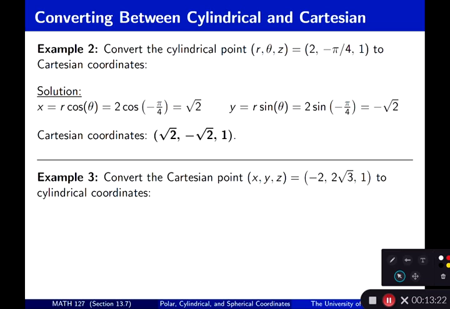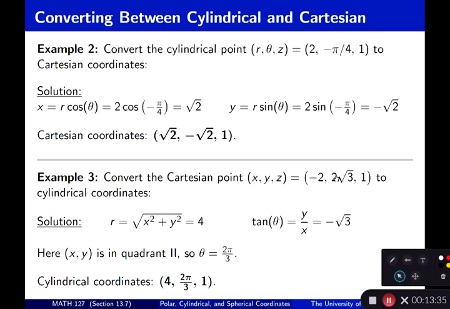To find r, negative 1 to power 2 plus 2 square root of 3 to power 2 is going to be r squared. And tangent of theta is going to be 2 square root of 3 over negative 2, which is negative square root of 3. So r is 4, and tangent of theta is equal to negative square root of 3.